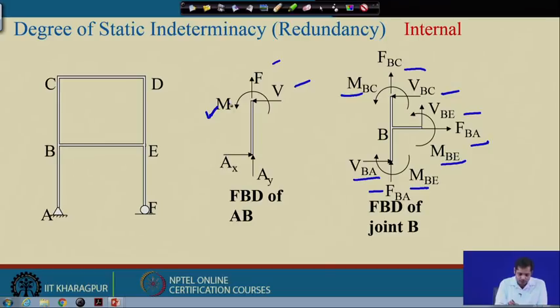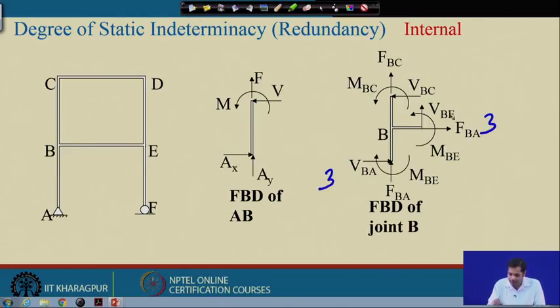This one is for member AB, so this gives you MBA. So, MBA is known, F in BA is known, and the shear force in BA is also known. So, these three are known. Now, in this free body diagram, the total unknowns are, here it is 3, here it is 3, and here it is 3.